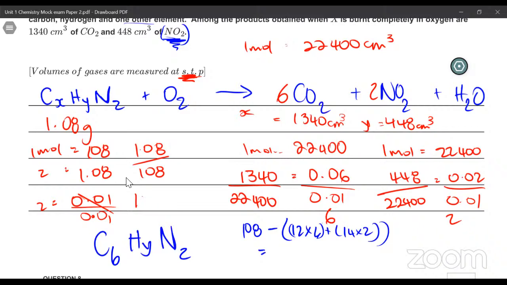Yes, 8. Therefore, the remaining thing is 8, which is 8 hydrogens. So you can just simply put that in and you got your molecular formula, which is C6H8N2.